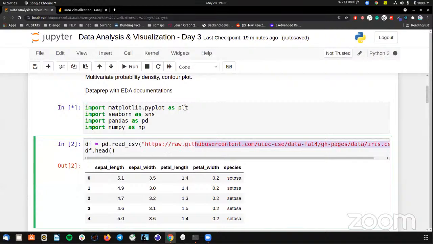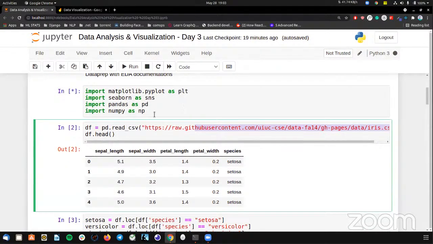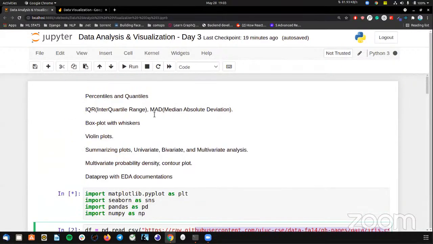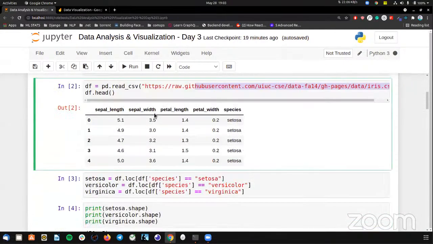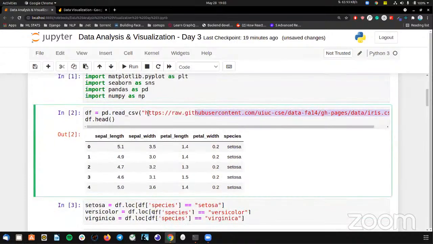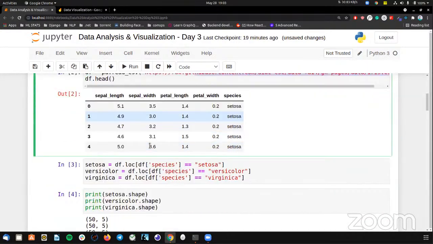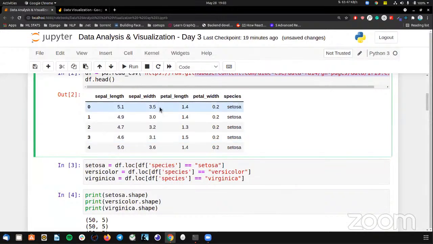Okay. Then it's actually taking some time, but I have rendered it already. I am printing out my first 5 rows, which are not new to you. I covered sepal length, sepal width, petal length, petal width, and the species we were talking about yesterday.